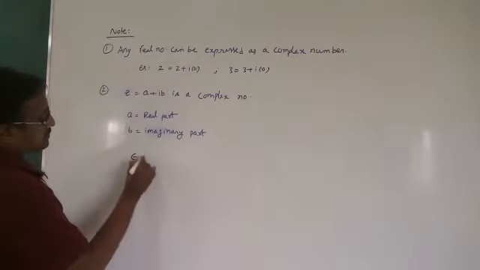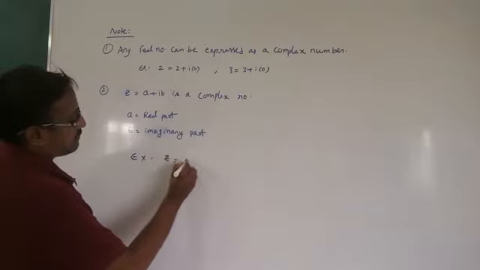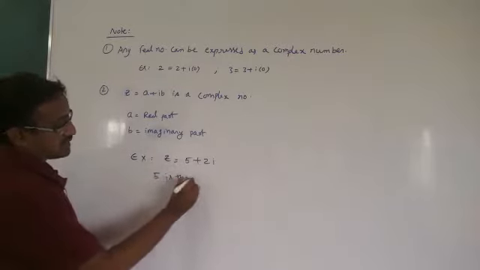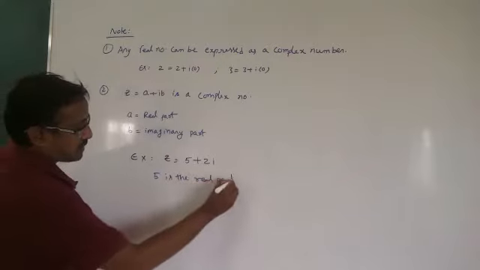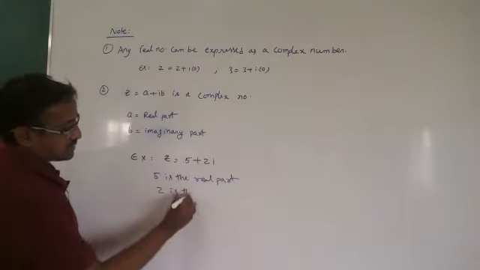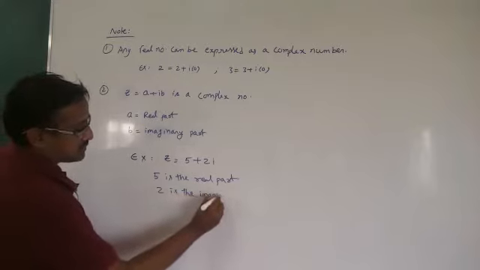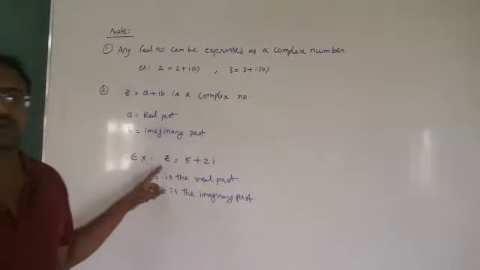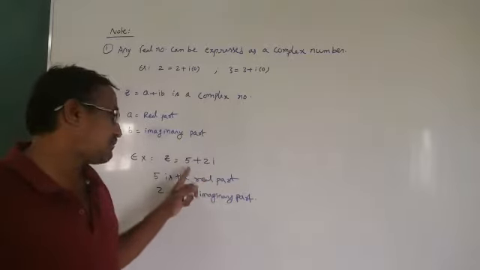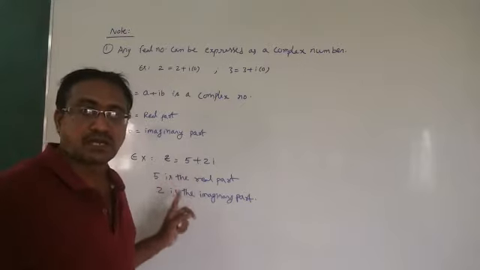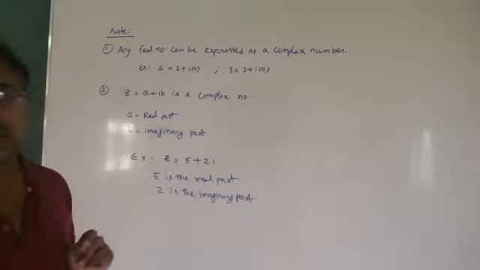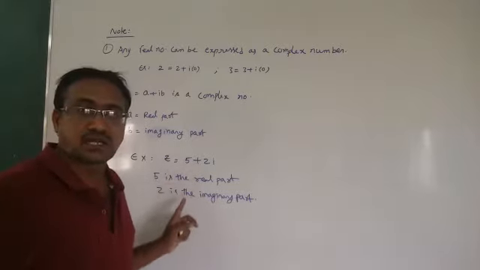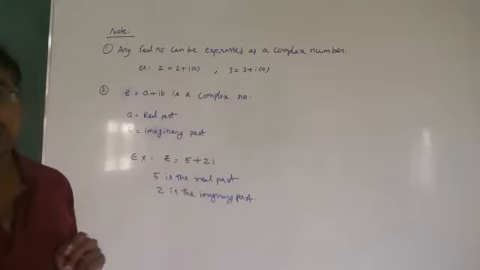For example, if we have a complex number 5 plus 2i, then 5 is the real part and 2 is the imaginary part. So, in the complex number Z is equal to 5 plus 2i, 5 is the real part and 2 is the imaginary part.